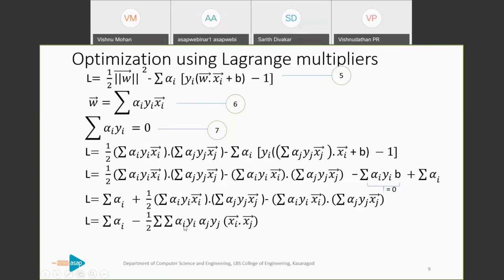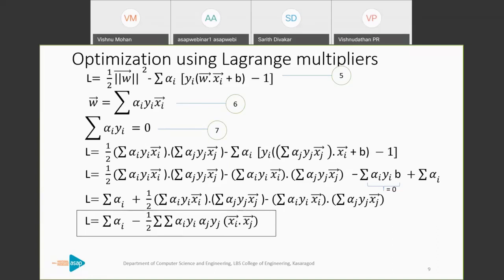So rewriting the Lagrangian by taking it as a double summation, this is our final Lagrangian expression. So we have done a lot of mathematics, and what did we get now? This shows that the optimization now depends only on the dot product of pairs of samples. This is the final Lagrangian equation that we got now.